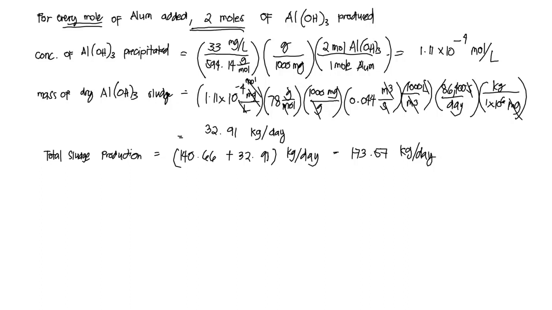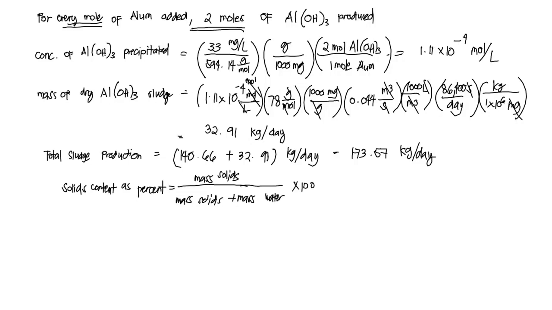The question is asking for the total volume. So we are given the solids content as a percent, which is equal to the mass of the solids divided by the mass of the solids plus the mass of water, times 100.